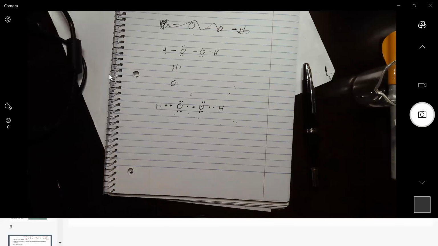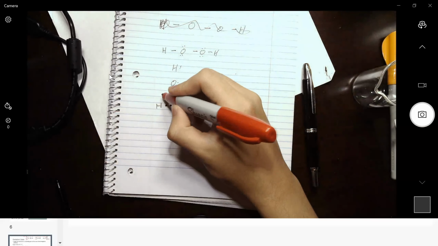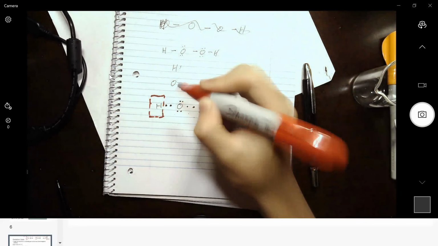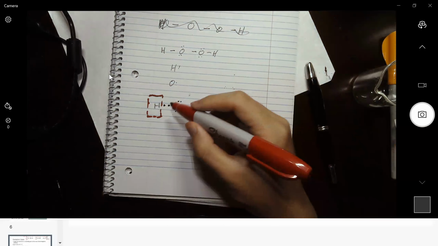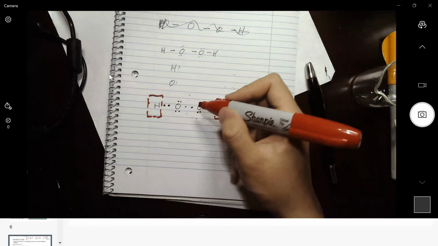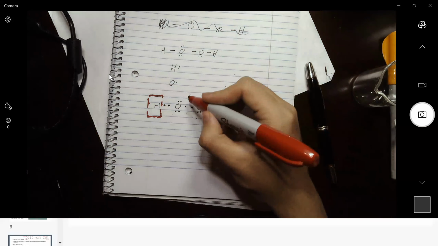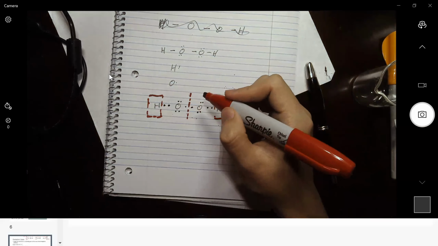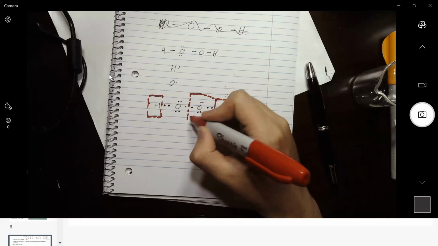So we're going to give all of the electrons here to oxygen. And likewise here. Now, oxygen is the same electronegativity as oxygen, right? They're the same element, so we split the bond equally, right? And then, of course, we already divided it up here.